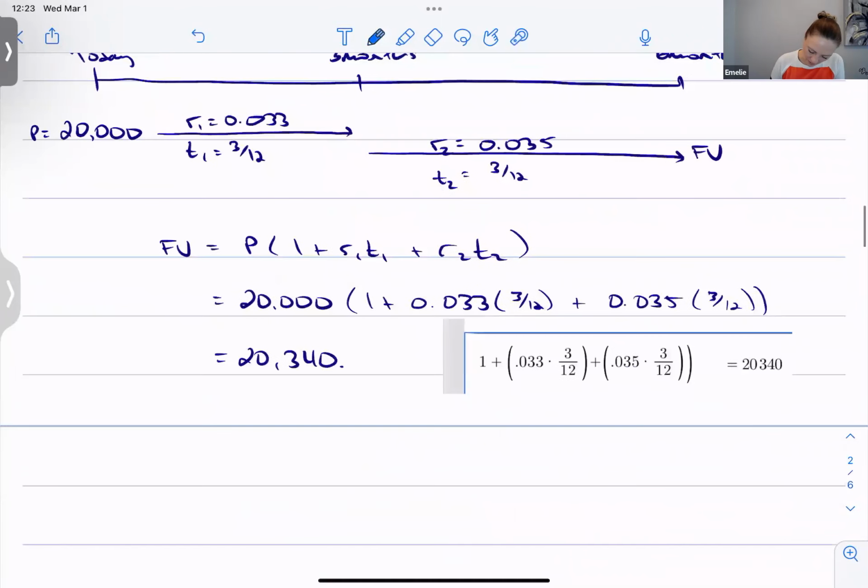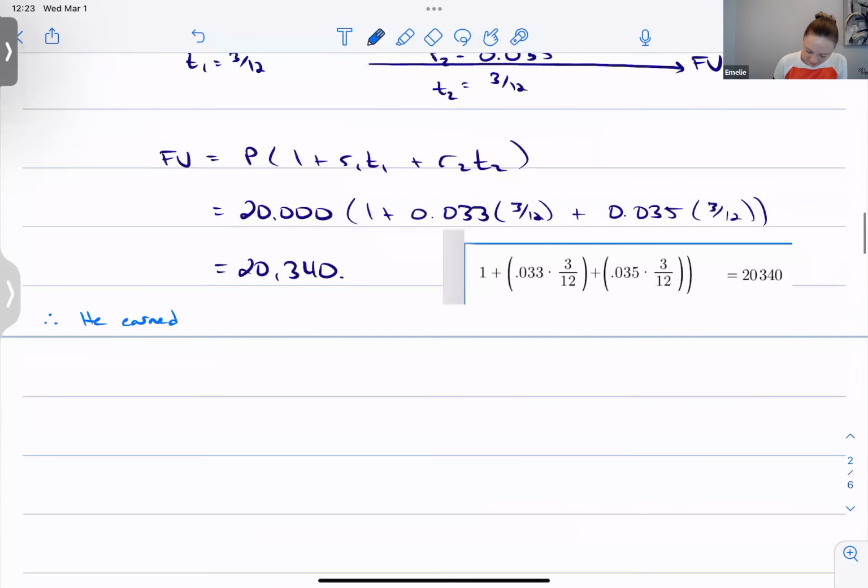And so he earned 20,340 minus 20,000, which is $340 in interest.